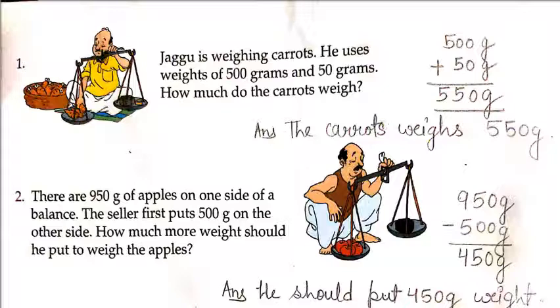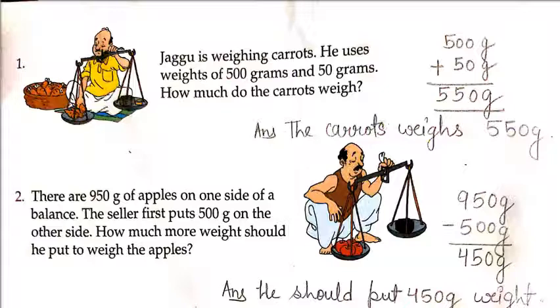It means the weight of apples is more than the weight on the other side. It means the weight of apples, that is 950 grams, is more than 500 grams. So here we need to put some more weight to balance it. So here you have to find out how much more weight should he put to weigh the apples.